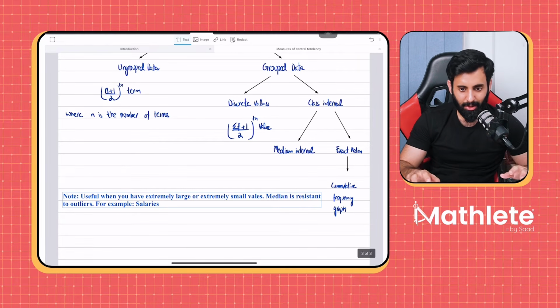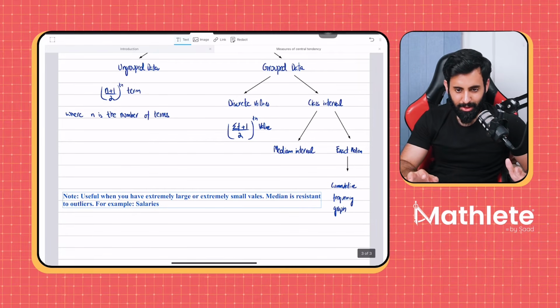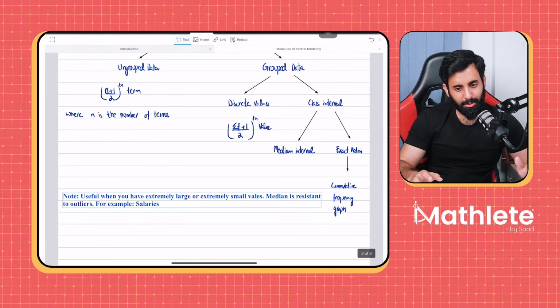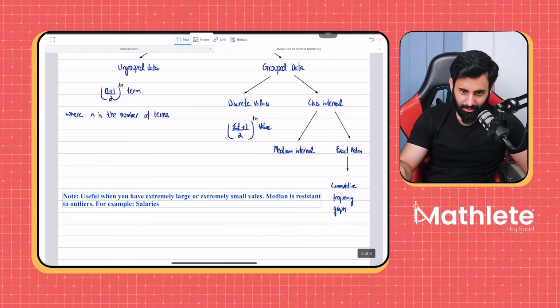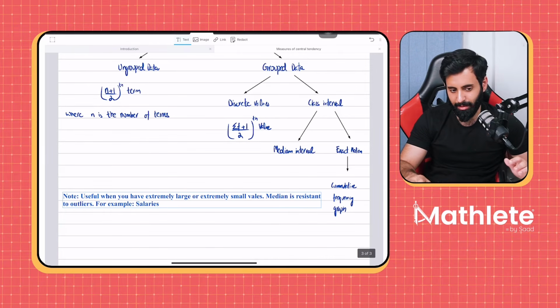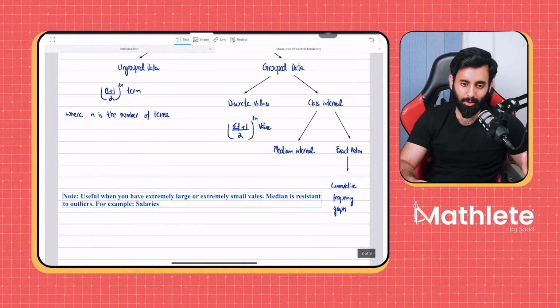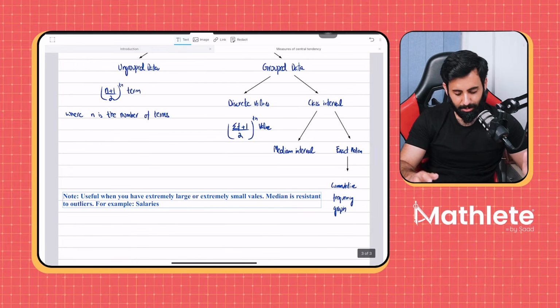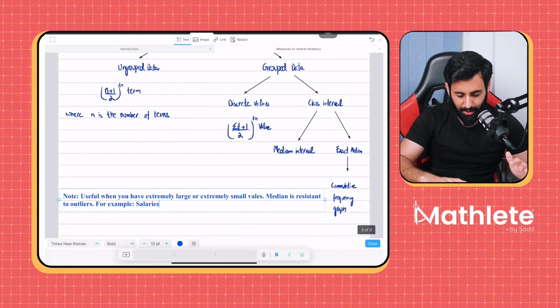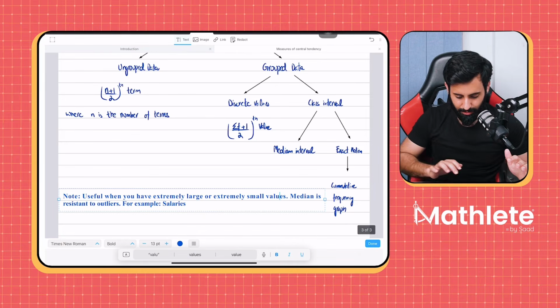That ruins the consistency, you can say. So if you have extremely large or extremely small values, that is when you prefer median over mean, because median will not be influenced by extremely large or extremely small values.